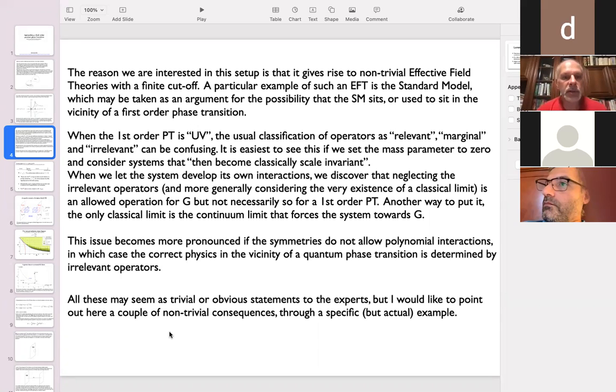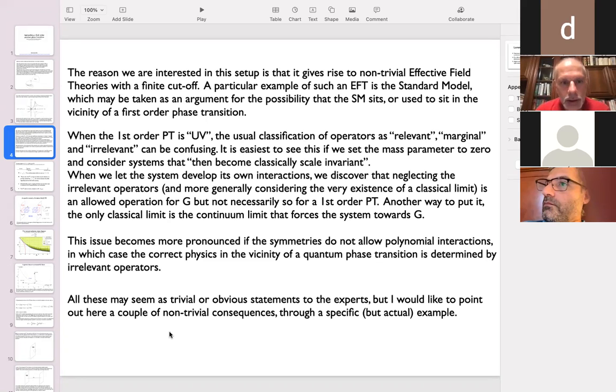Then we let the system develop its own interaction, and then we discover that neglecting the irrelevant operators is an allowed operation for the Gaussian fixed point, but not necessarily so for the first order phase transition. Why? Because if there are no relevant and marginal operators, then all the non-trivial physics is generated by the higher dimensional operators that you would classify as irrelevant.